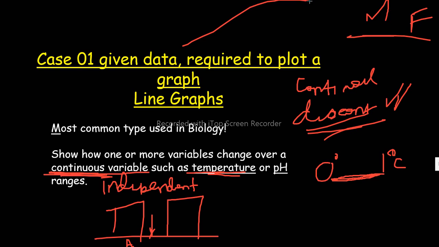Okay? But when you are plotting, for instance, height, okay, of individuals in a given locality, then you cannot use a bar graph. That's madness. You must use a line graph because one is continuous data and the other one is a discontinuous data.